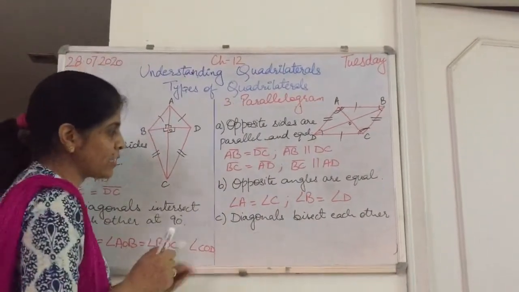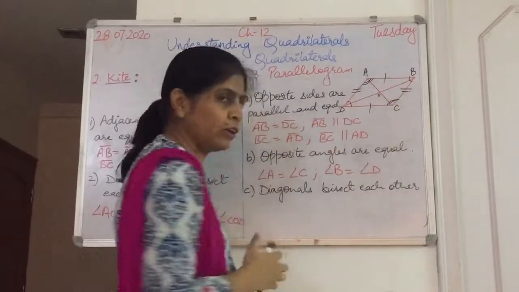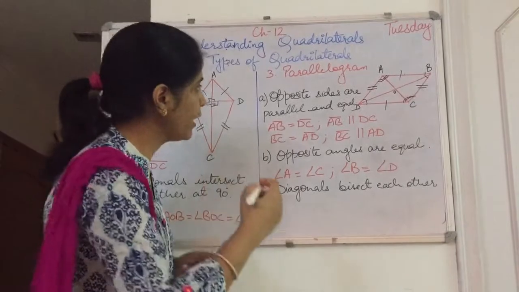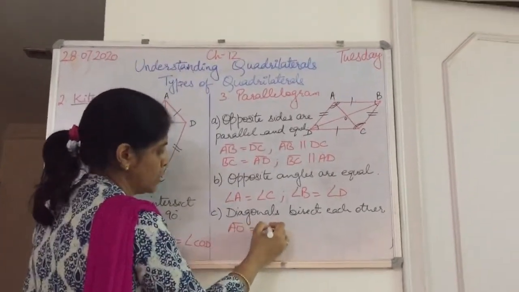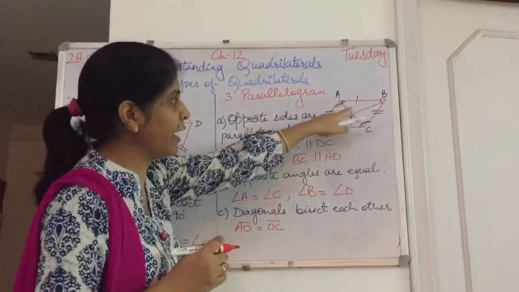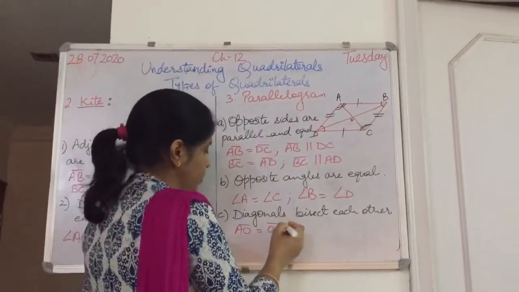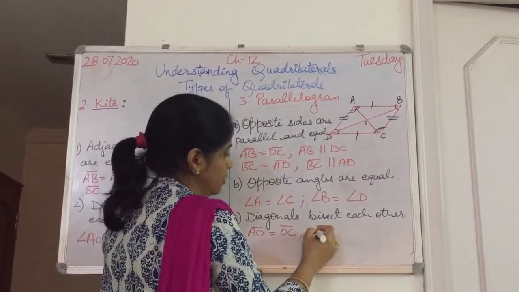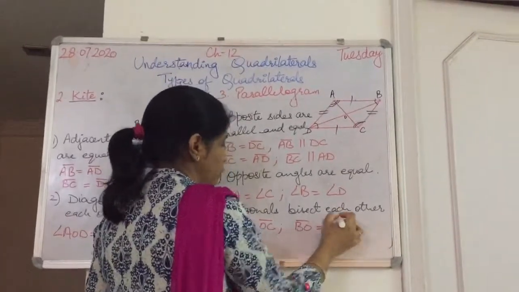I told you bisect means it is divided into two parts. So this part and this part are equal, this part and this part are equal. So how to write? AO is equal to OC, and they are not making a 90 degree also. It is tilted, so it is lesser, not equal to 90. AO is equal to OC and BO is equal to DO.